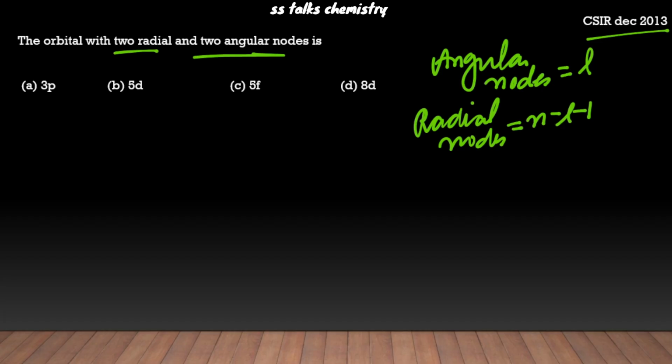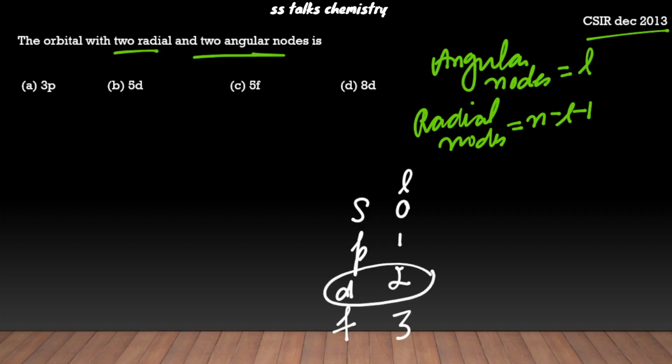Now for the orbitals S, P, D and F, the L value is 0, 1, 2 and 3. So that means D orbitals only will be there because they have two angular nodes. So based upon this, the first one can be eliminated, the third one can be eliminated. The answer is going to be from B and D only, right?